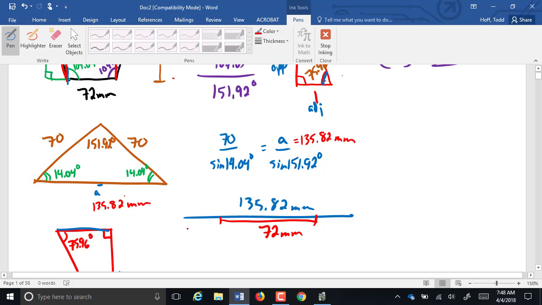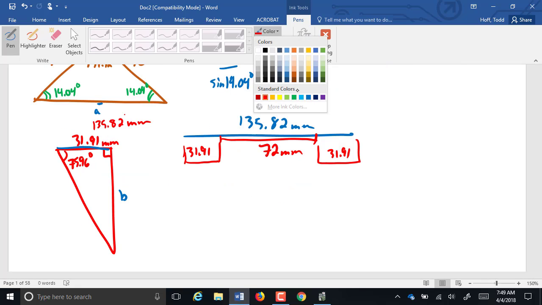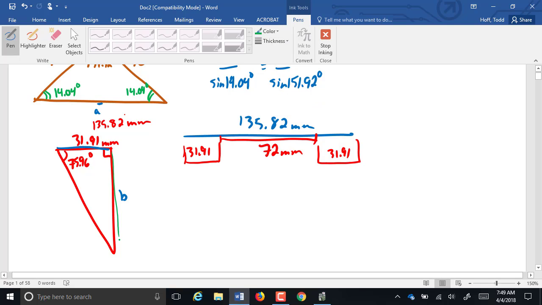So 31.91 on each side. This is 31.91 here. So I can now find B because B is the opposite side according to my angle. The 31 is the adjacent. That is tangent.